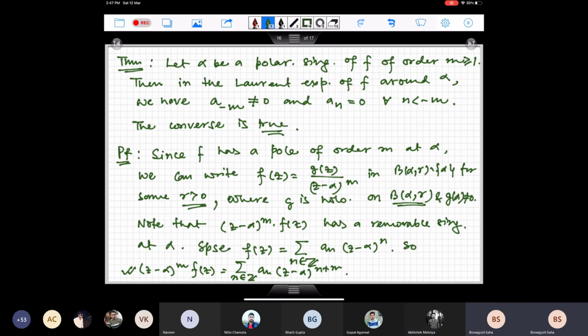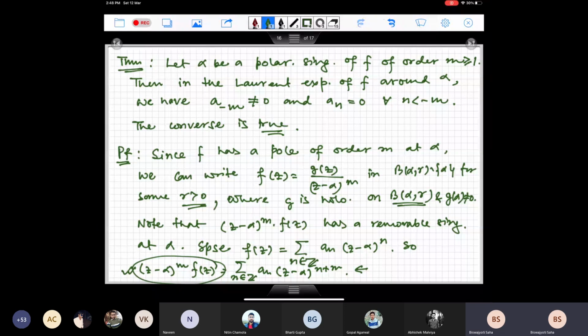Now, what else can I say? I know that, for instance, g of alpha is not equal to 0. Now, if g of alpha is not equal to 0, so that means, when this has a removable singularity at the point alpha, I should also get that this function does not vanish, right? So if you look at this power series, how do I get the value at alpha?